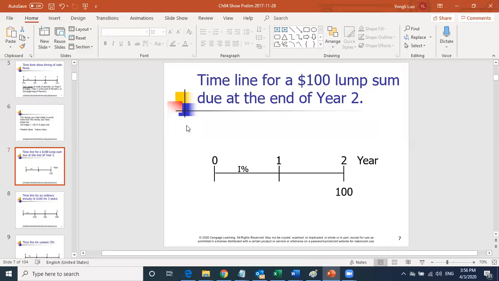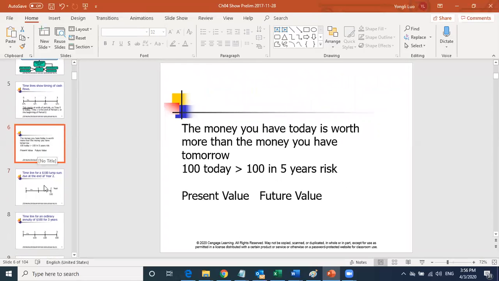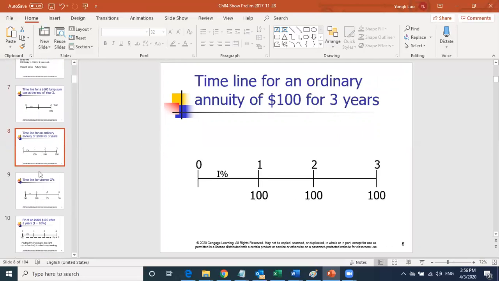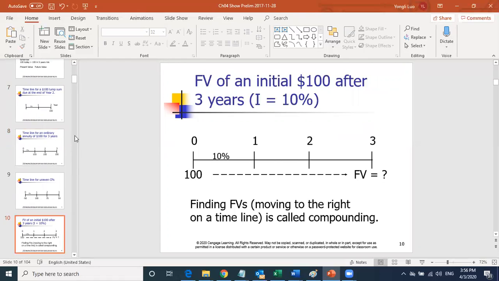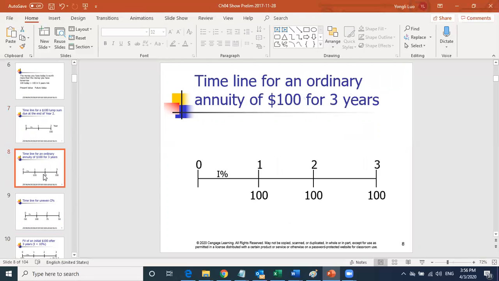For example, this is the question we do: it's just a one-time thing. Okay. So you have a lump sum of $100 due at year 2, second year. That's only one time. And also sometimes you have an annuity.